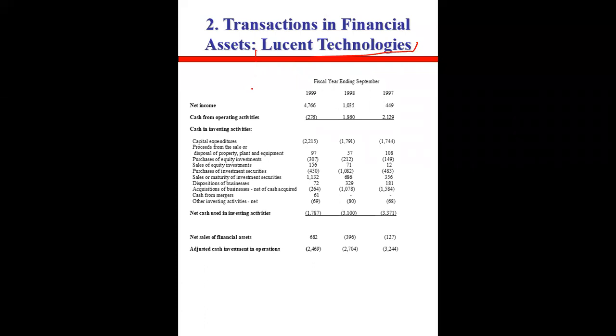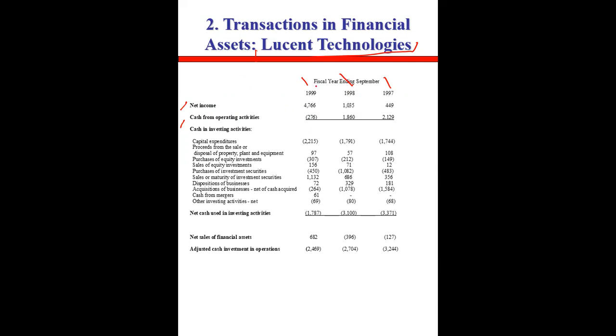You see, for this company, net income and cash from operating activities are both given here separately for each year: 1997, 1998, 1999.